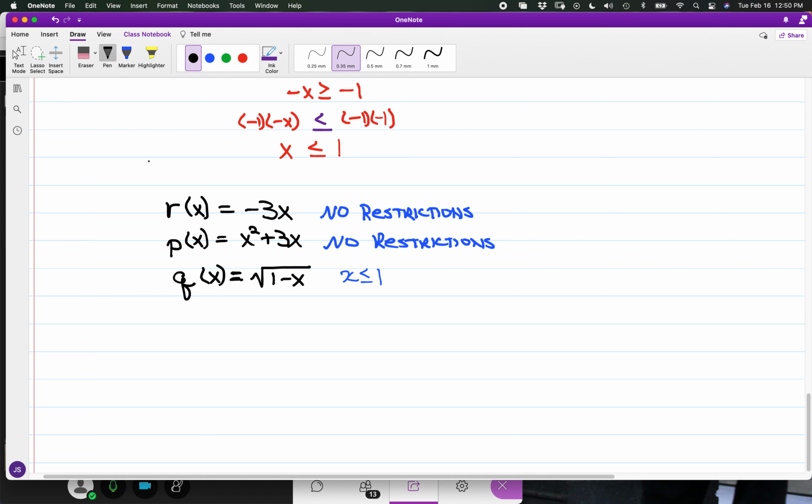Now, for the setup looking at the functional outputs, we have p minus r of x. Expanding p minus r of x, you get p of x minus r of x.